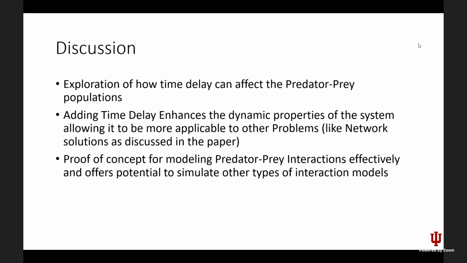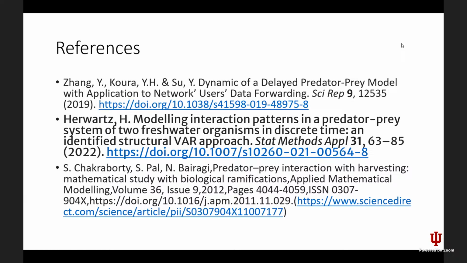But more importantly for me, I think it's a proof of concept for modeling predator-prey interactions. And it provides a framework for modeling and simulating other predator-prey model types, which I think would be a pretty useful thing to do. These are just some of the references I had, and that's basically the presentation.